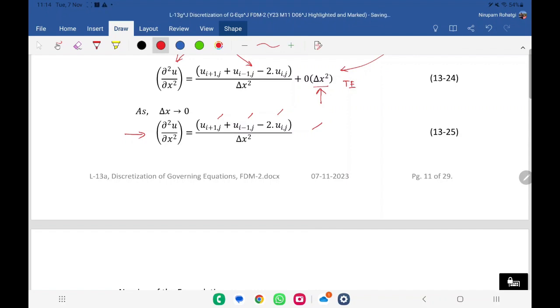Again we found that the order of the truncation error is 2 here. Okay, this is also an algebraic equation based on central difference. So we are taking 1 point on the right, 1 point on the left, and of course the central point also matters in this case. Okay, so this is what we have done.